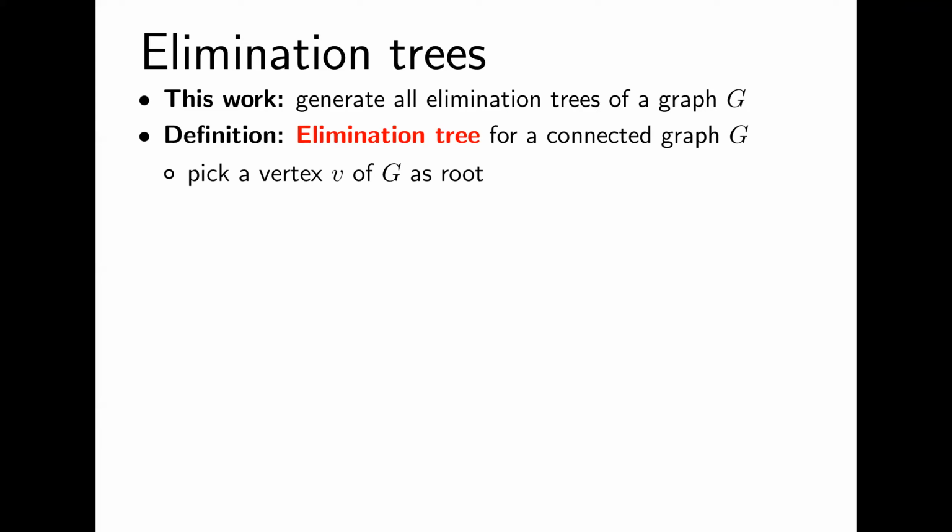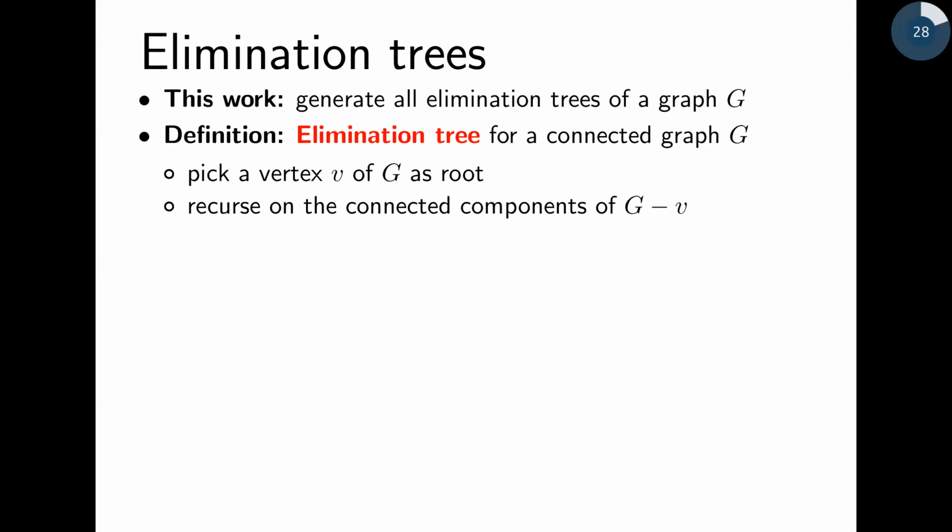So we start by picking a vertex V of G that will become the root of our tree. So this is a rooted tree. And then we remove the vertex V. This creates the graph G minus V, a smaller graph. And then we recursively apply this removal process on the remaining graph, and those will become the subtrees of V in the rooted tree.